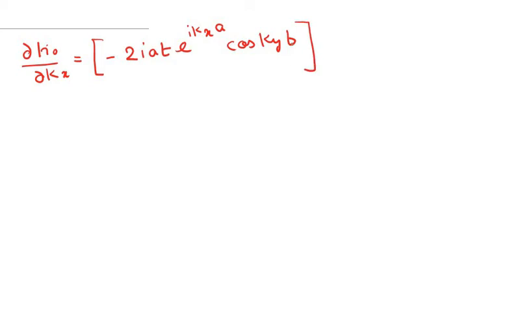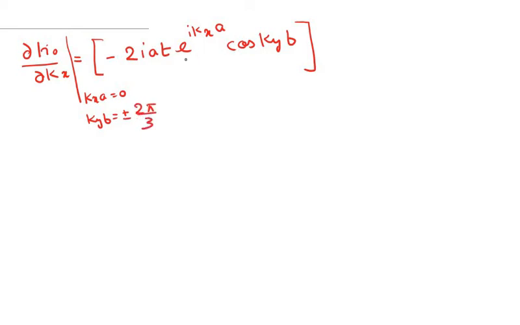Now del H0 del kx is equal to minus 2 I a t e to the power I kxa cos kyb. We are basically evaluating it at kxa equal to 0, kyb equal to plus minus 2 pi by 3.